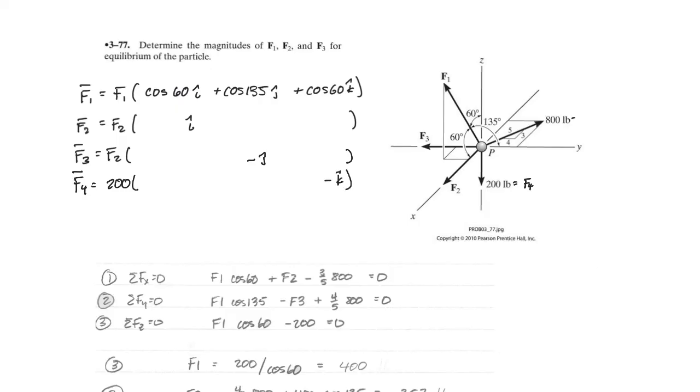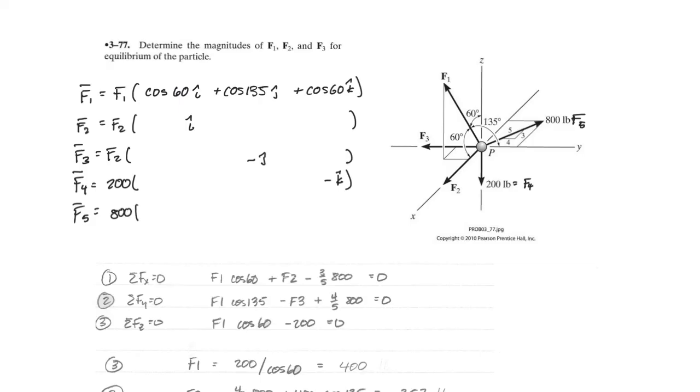And then F5, I'll call this force over here. That 800 is in the XY plane. So I'll say F5, magnitude again is 800. And then what do we have?